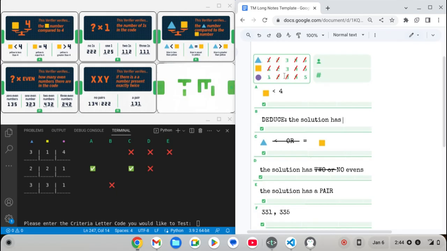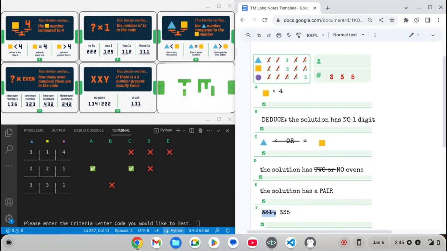And so let's go ahead and cross out the 1 in circle. And let's type up 335. And let's go ahead and cross out the 331 down here.